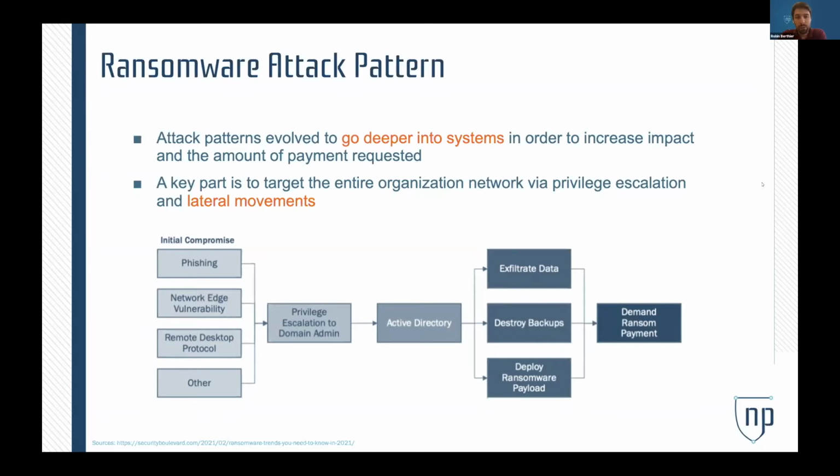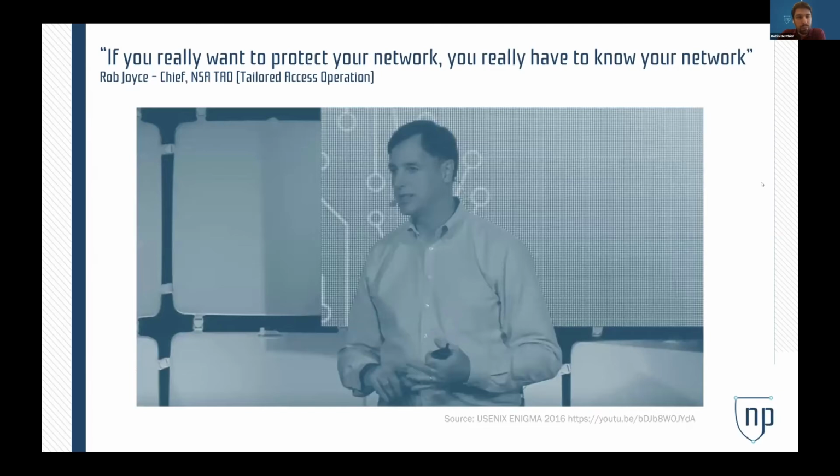In the words of Rob Joyce, if you really want to protect your network, you really have to know your network. Rob Joyce was the former chief of the offensive team at NSA. And in this video, which I encourage everyone to watch, from the Enigma USENIX conference a few years back, he explained for the first time the way that his team was attacking third-party networks.